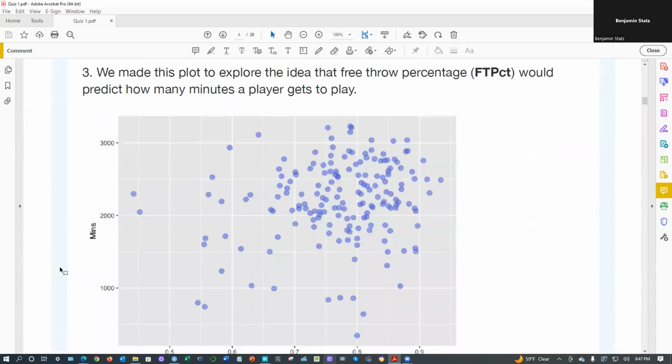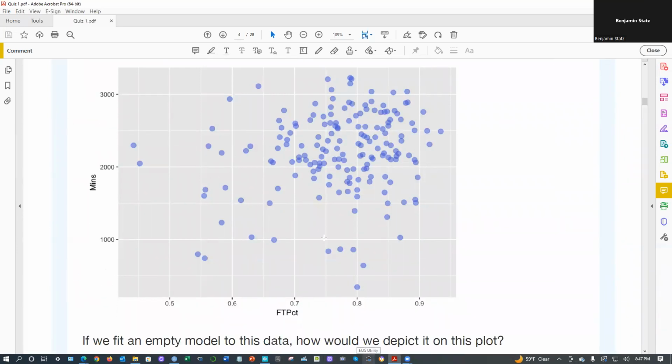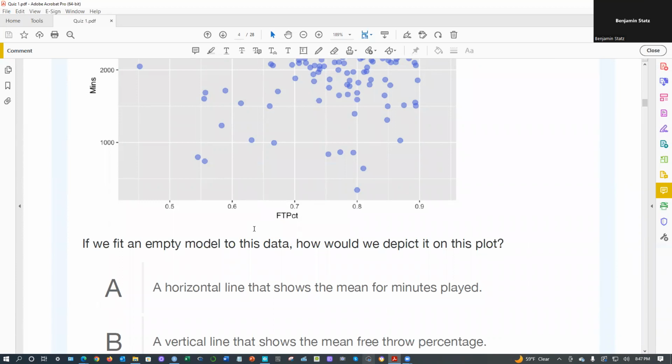Okay. We made this plot to explore the idea that free throw percentage, FTPCT, would predict how many minutes a player gets to play. If we fit an empty model to this data, how would we depict it on this plot?